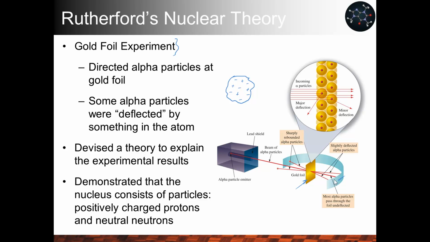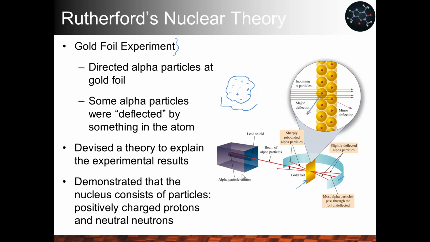When they actually ran this experiment, it bounced. Most of them went through, but some of them bounced off the atoms. Some of them deflected off the atoms. And if they were just nebulous clouds of positive and negative material, that couldn't happen.